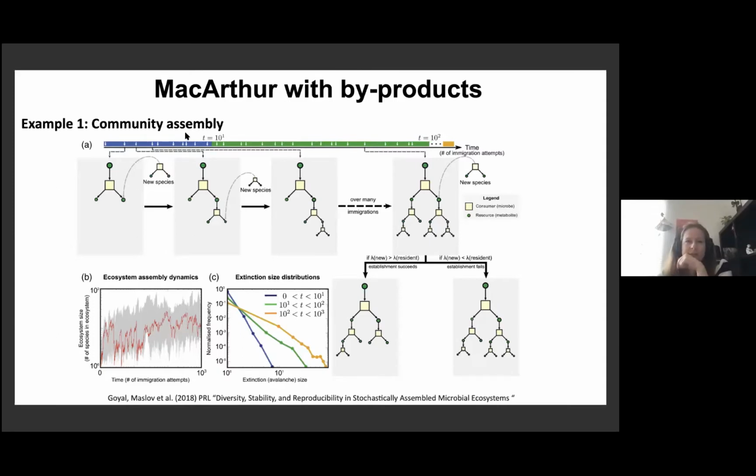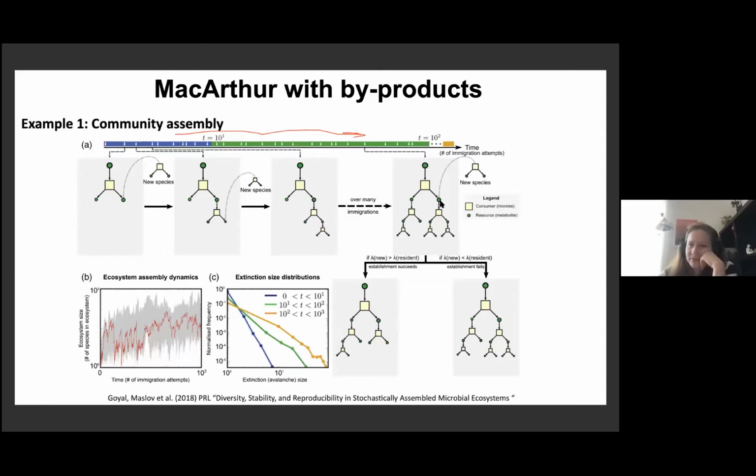And what we simulated here is this time scale where you have invasions. Some invasion events are actually successful, because if you get a microbe that can use the primary resource, you're good, it's going to stick in the ecosystem. Then whatever microbes are able to utilize the byproducts synthesized by this first microbe will also stick in, and so on. You have this whole chain.